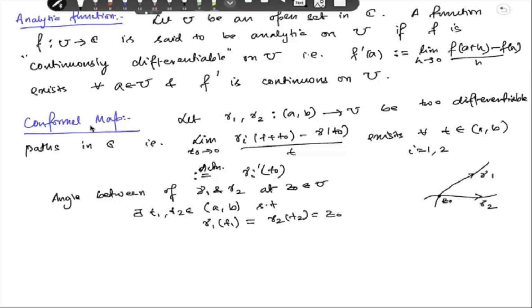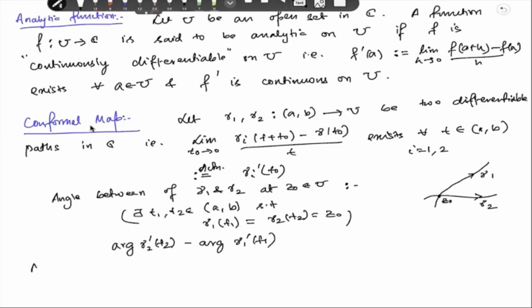So the angle between gamma 1 and gamma 2 at z naught is the following. You take the argument of gamma 2 prime of t2, which will be a complex number, minus the argument of gamma 1 prime of t1. This is the definition of angle.